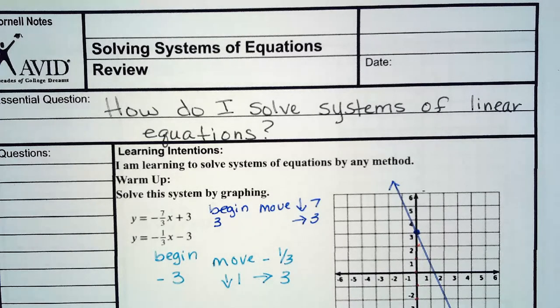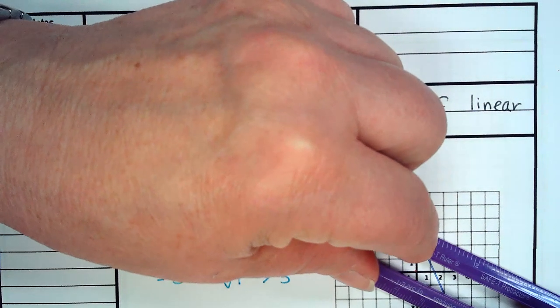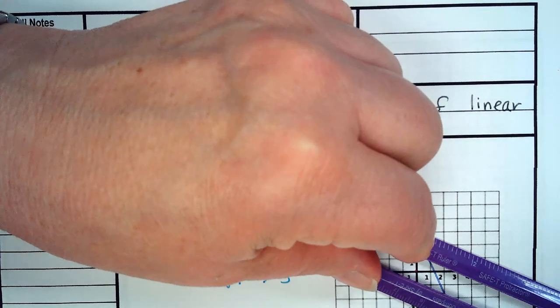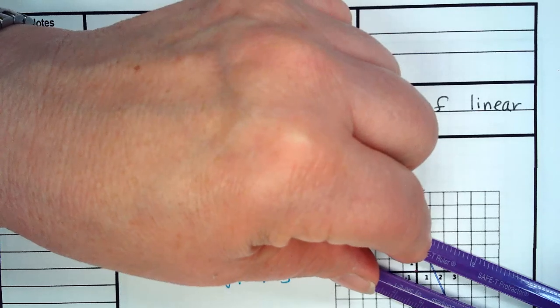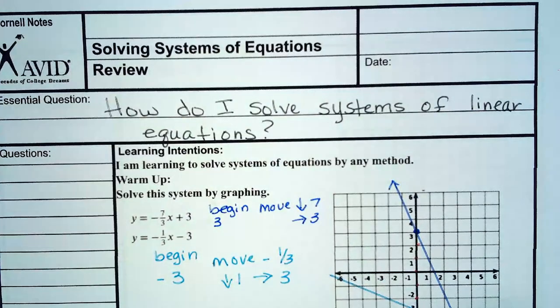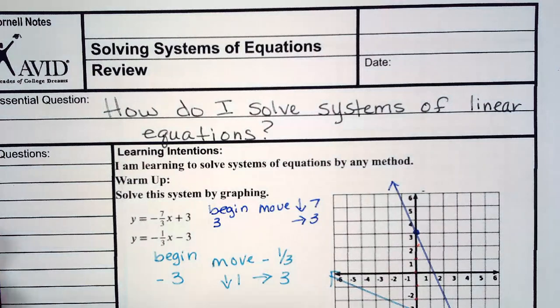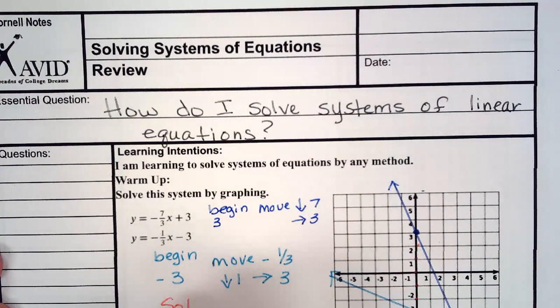We now have identified our point of intersection. So my solution is the point 3, negative 4.